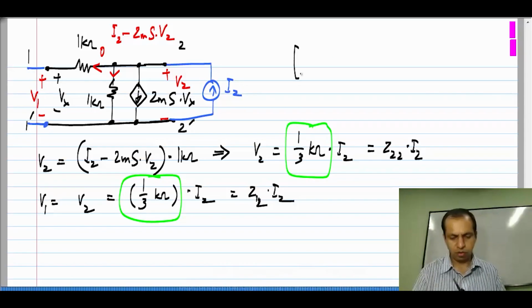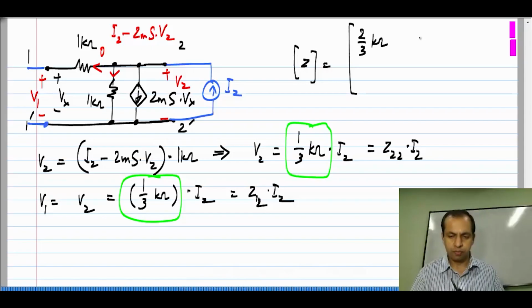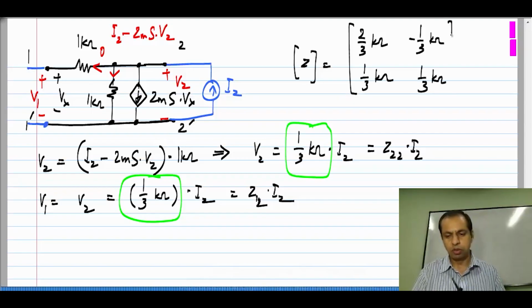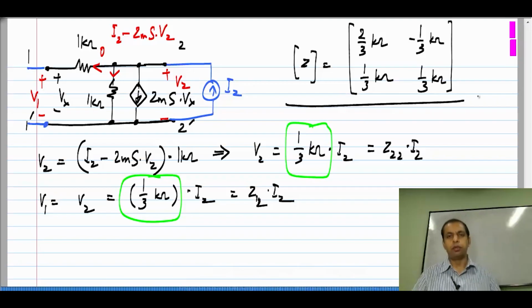The Z parameter matrix for this circuit turns out to be 2/3 kilo ohm, minus 1/3 kilo ohm, 1/3 kilo ohm and 1/3 kilo ohm. Again, you can go back to the old Y parameter example, and this is the inverse of the Y matrix for this circuit.